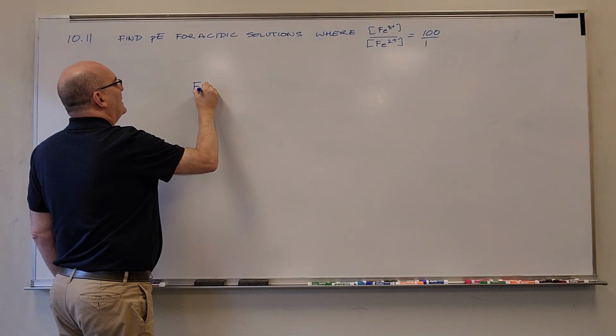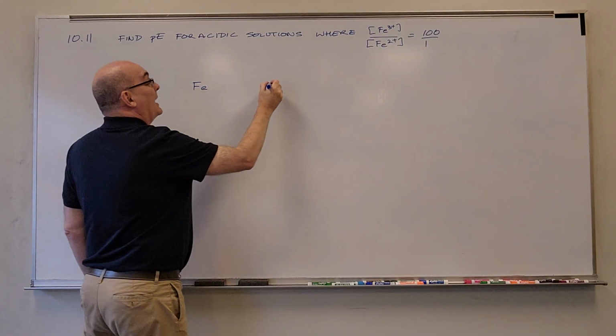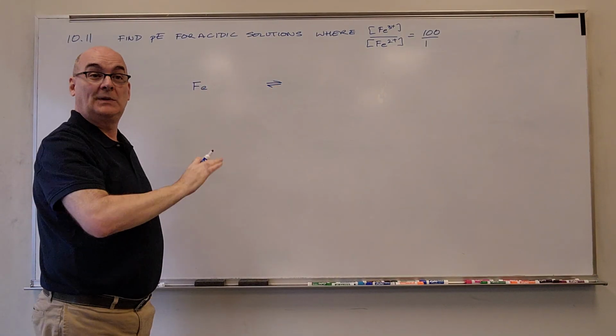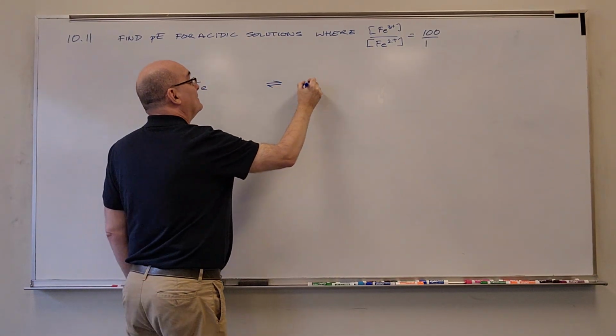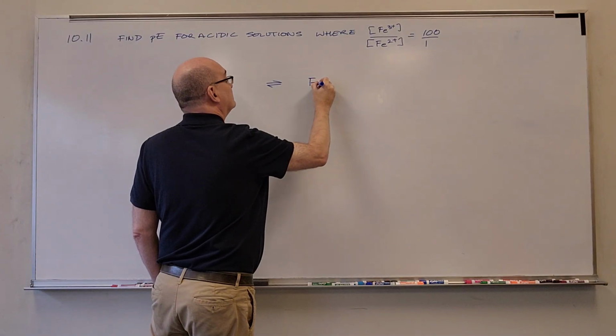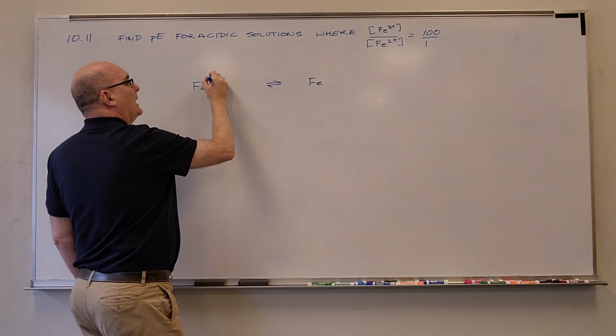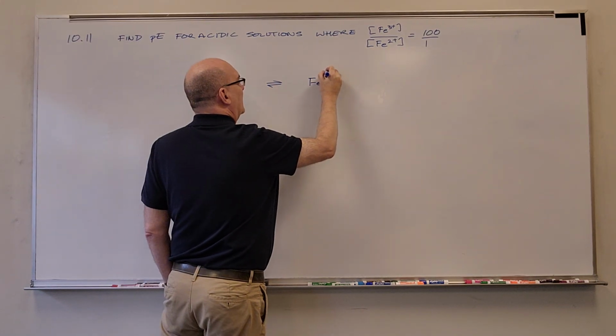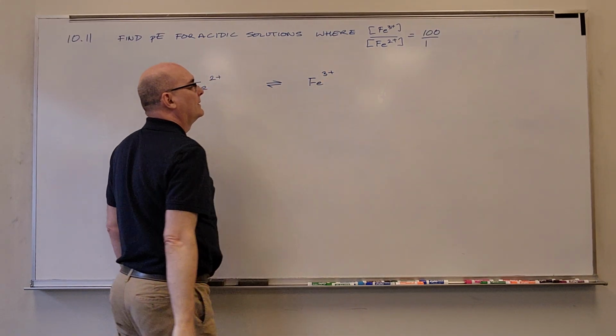Let's do it this way, because I'm going to put an equilibrium in here, okay? So it could be this way or that way. I'm going to have iron 2 here and iron 3 there.